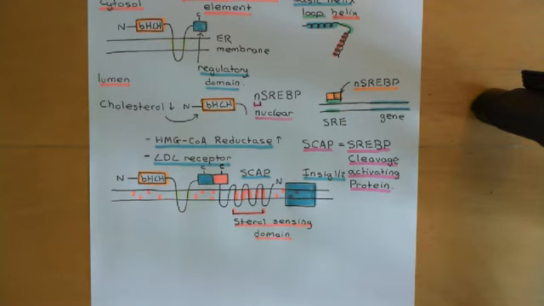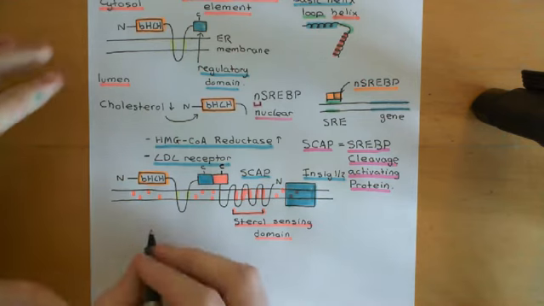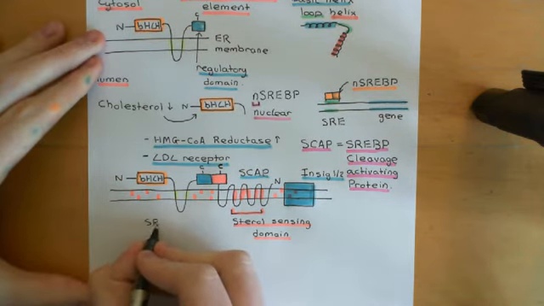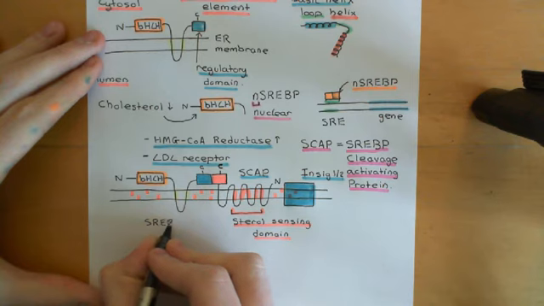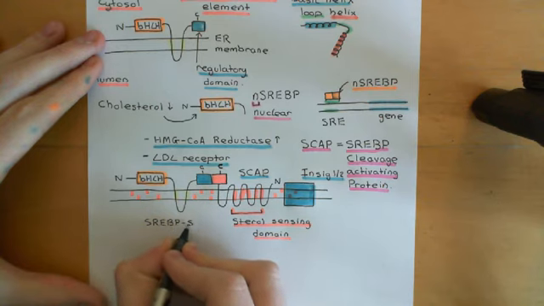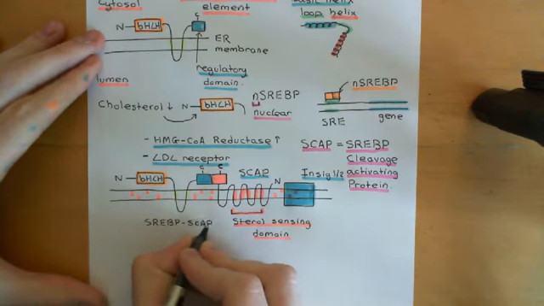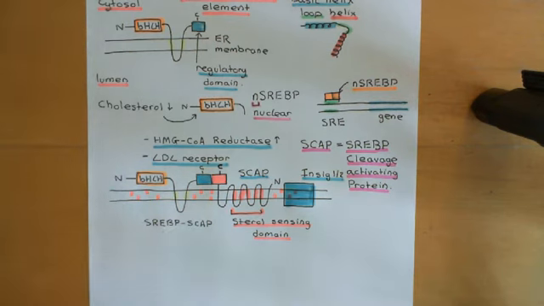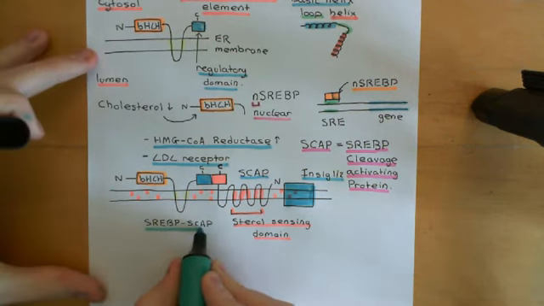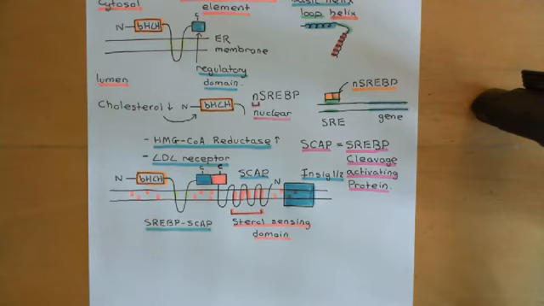So when there is high cholesterol, cholesterol is going to bind to the SCAP, and SCAP will then bind to Insig 1/2, and Insig 1/2 holds this SREBP SCAP complex in the ER membrane and stops it from moving to the Golgi membrane. Okay, so that's how you stop the breakdown of SREBP when cholesterol is high.